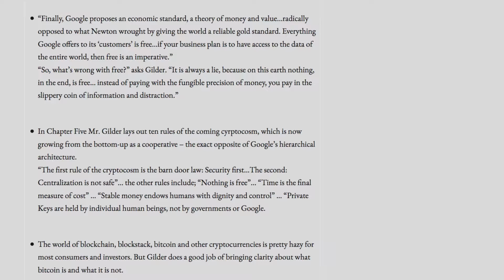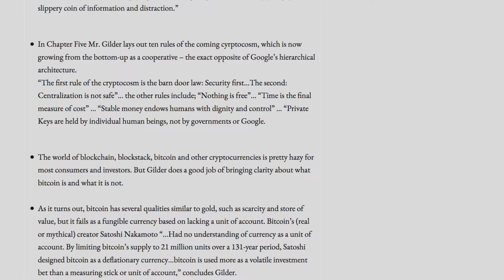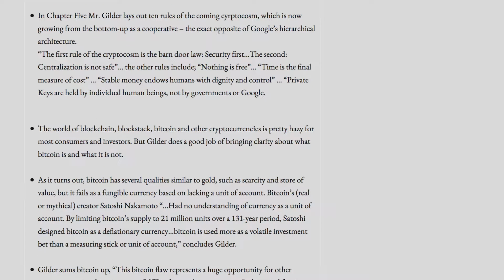In Chapter 5, Mr. Gilder lays out 10 rules of the coming cryptocosm, which is now growing from the bottom up as a cooperative, the exact opposite of Google's hierarchical architecture. "The first rule of the cryptocosm is the barn door law, security first.